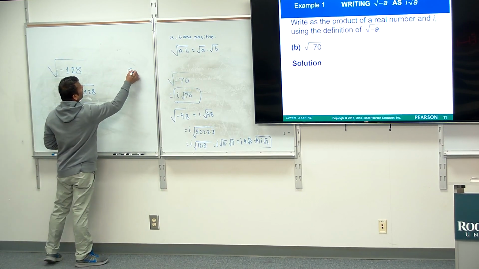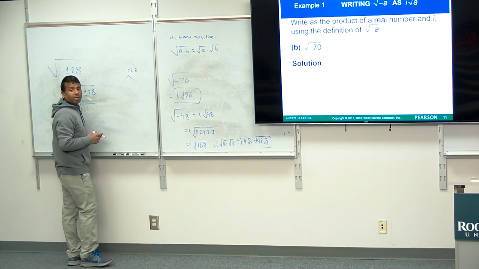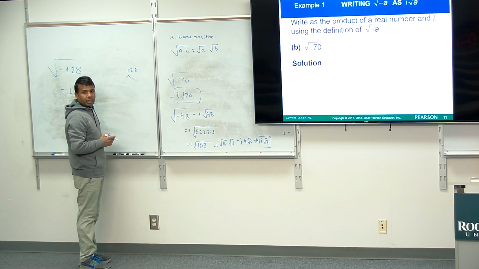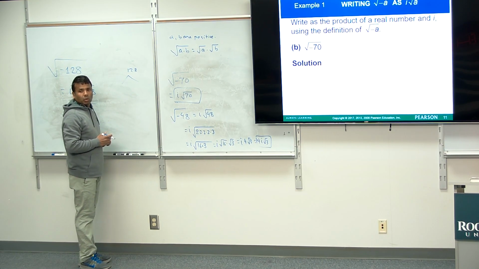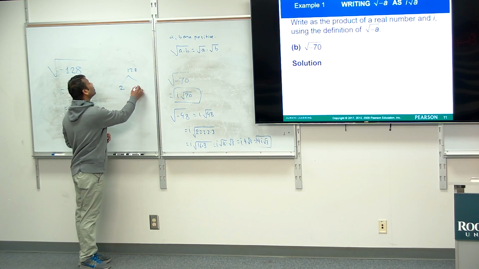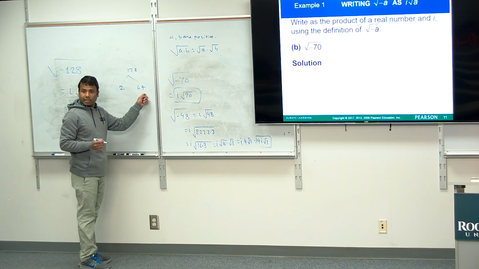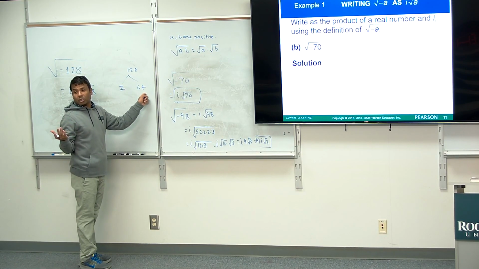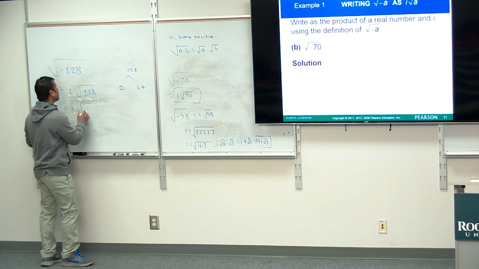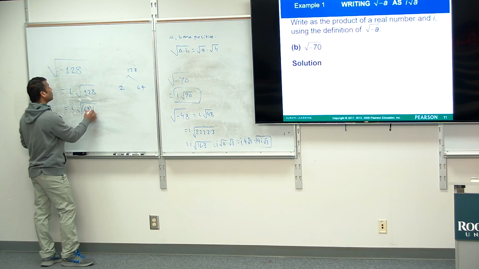So you follow the same idea. What is the least prime number that divides 128? Is 128 even? 2 times 64. Exactly, 2 times 64. Is 64 a square number? 8, yeah, 64 is a square number, right? So you can write 64 times 2.